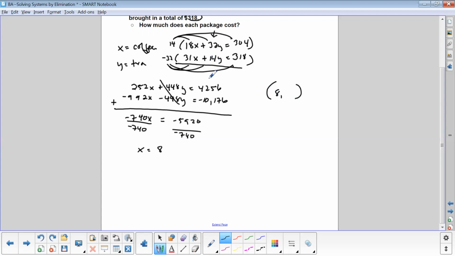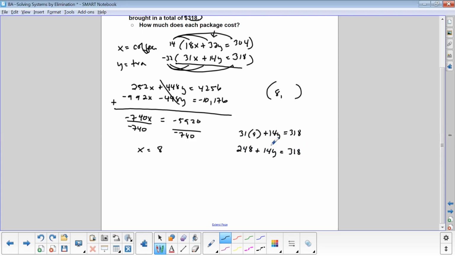So I'm going to go back and substitute. And let's find y. So I'm going to say 31 times 8 plus 14 times y is equal to 318. 31 times 8, that's 248, plus 14y is equal to 318.